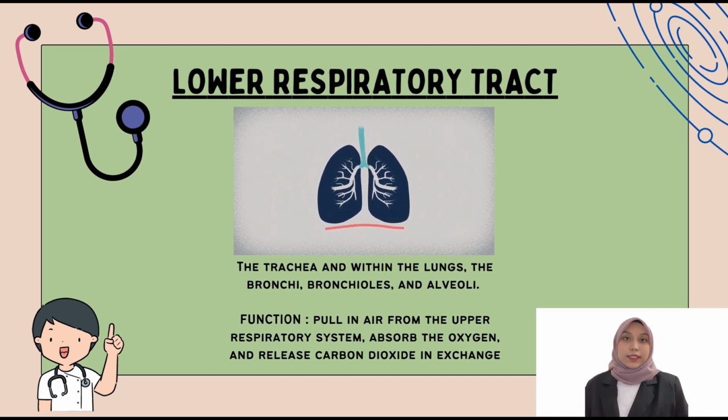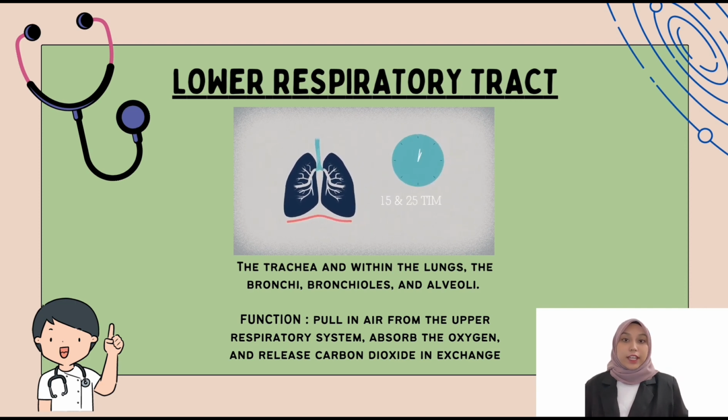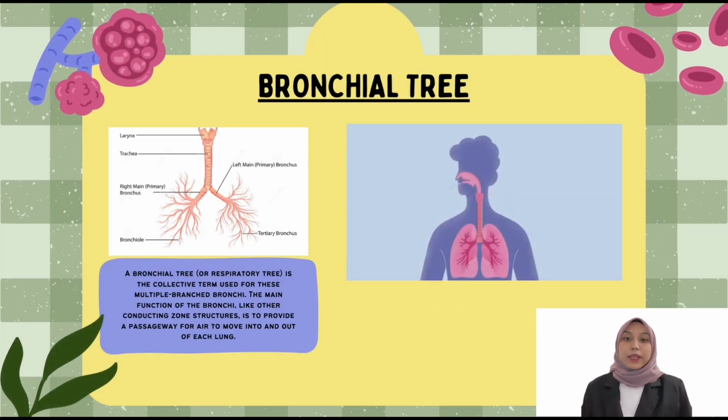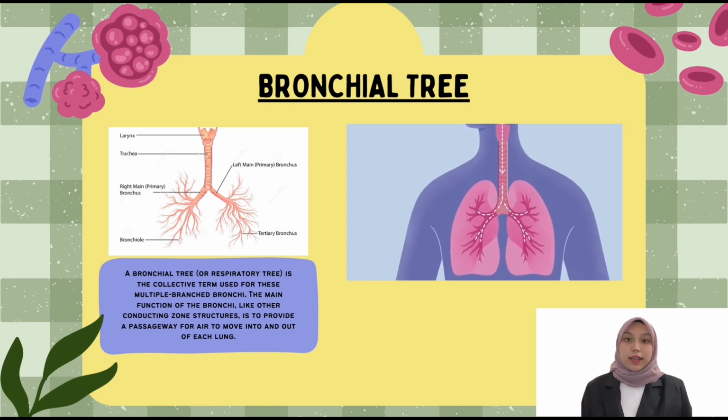The oxygenated air from the lung passes back up through the trachea during exhalation. The tubes that make up the bronchial tree perform the same function as the trachea. They distribute air to the lung. The alveoli are responsible for the primary function of the lung, which is exchanging carbon dioxide and also oxygen.